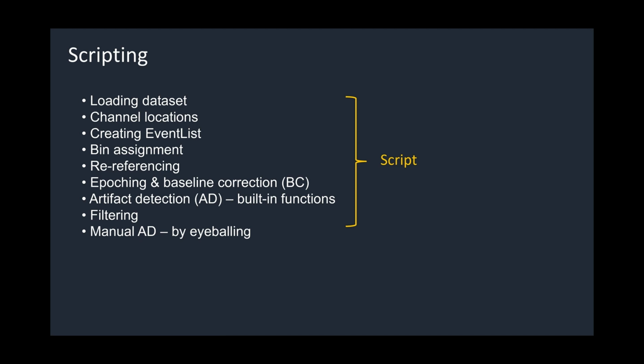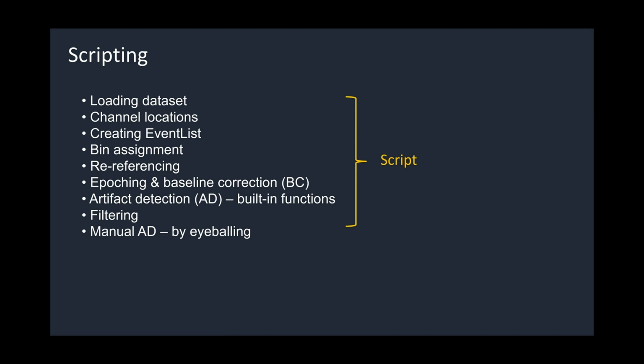So we did the moving window peak-to-peak one, and also the step-like artifact detection function, and what's that called? Simple voltage threshold. Those are the built-in ERP Lab functions for automatically marking trials that might contain artifacts.